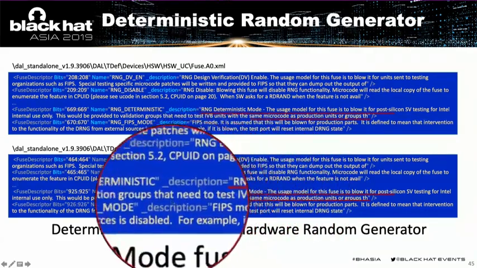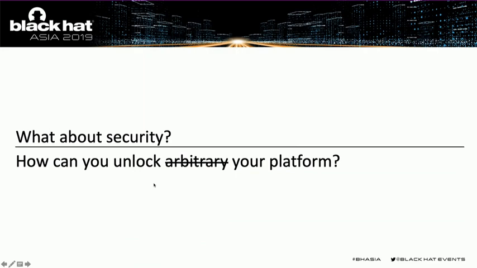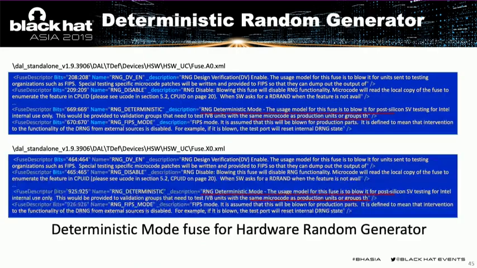If you read the description, you have no way to check whether on your platform it is enabled. Unfortunately, yes, because the fuses program it in your CPU and you couldn't read it without any hardware vulnerability or microcode maybe.